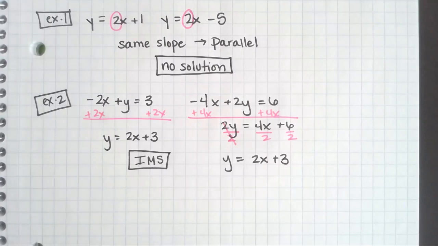Will they ask us to get it into substitution and then find? Usually they say solve using any method. Well, how would we know how to solve this one or get the answer no solution? You would figure that out by getting it into slope-intercept form or by graphing and seeing that it's parallel.